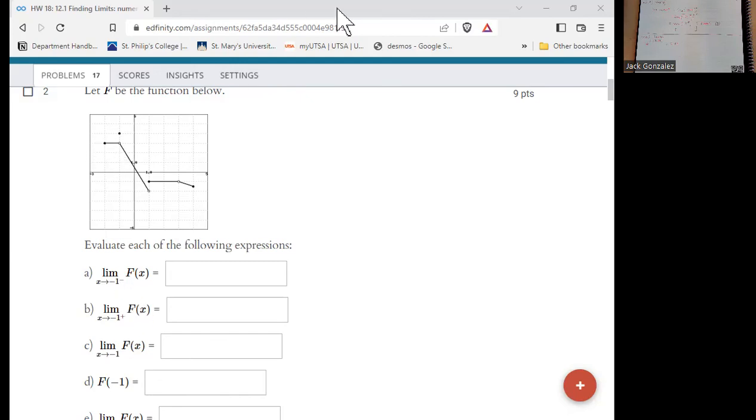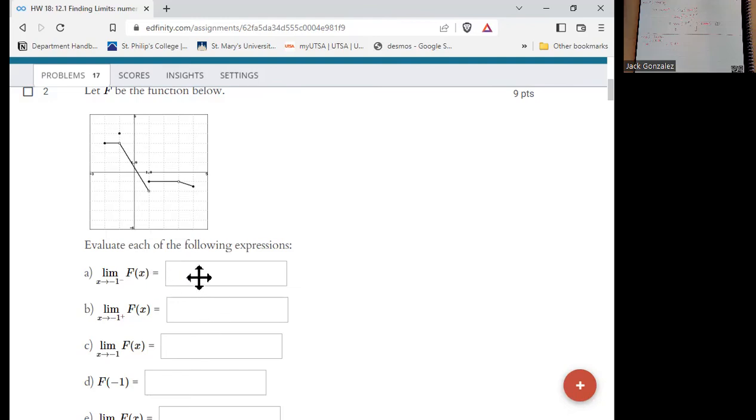So look at the picture. As we approach from the left side, we're going to the number 1, 2, 3, right? Going to 3. The next one says, what's going on from the right? So I approach -1, which is right here. From the right side, it's also approaching the number 3, the functional value 3.